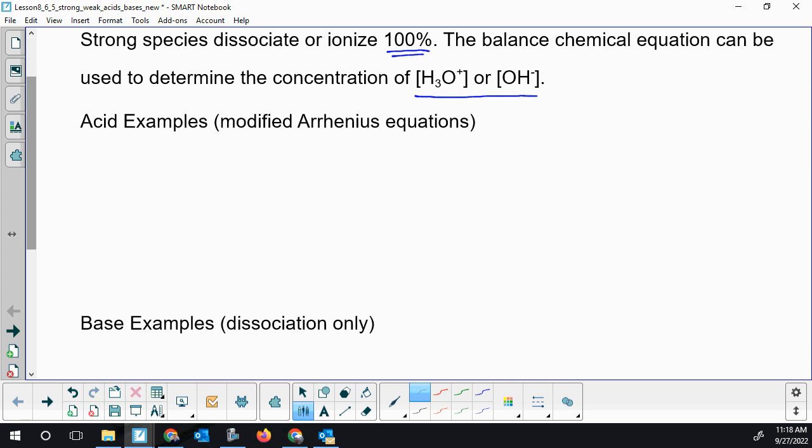Okay? So an example of a strong acid is perchloric acid, HClO4. The very top one in the Alberta data booklet that we'll see in 2 slides from now. If I write the modified Arrhenius equation, it's going to react with water.